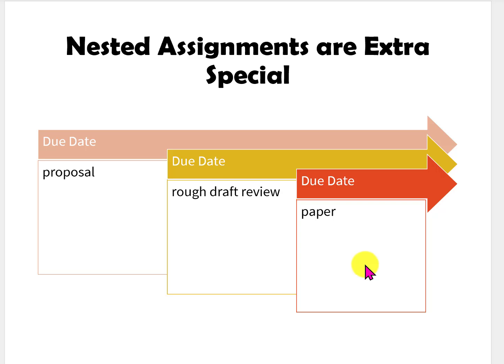But regardless, these 2 assignments, the proposal and the rough draft, they must be completed before I will look at the paper. So I will not give credit for the proposal or the rough draft review on any of the 3 papers after the close date, but they still will need to be completed.